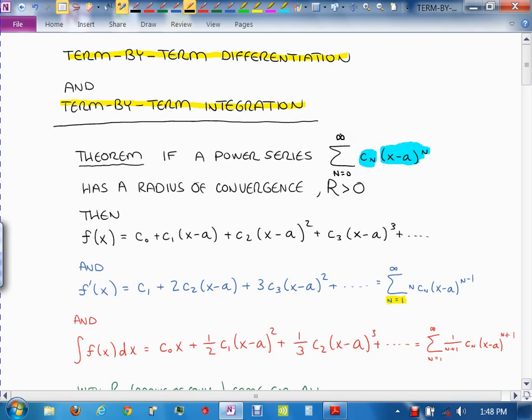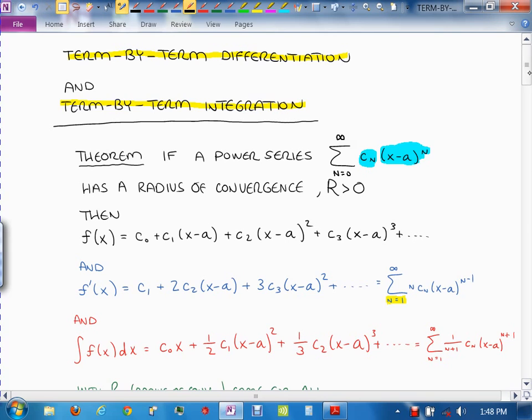So c sub 0 times 1, which would be c sub 0. Then you plug in 1. C sub 1, so some other constant, and then x minus a to the first power, which would be the second term. And then c sub 2, x minus a squared. C sub 3, x minus a cubed, and you keep going, right? And that just goes forever and ever and ever.